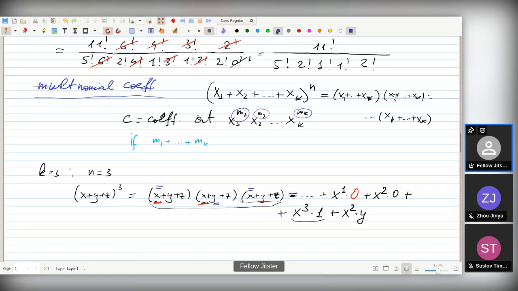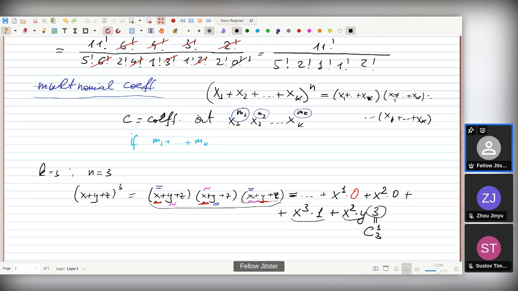And also we can take y from the first bracket and x from the two remaining ones. So there are three ways to obtain this monomial, or in other words, 3 choose 1.